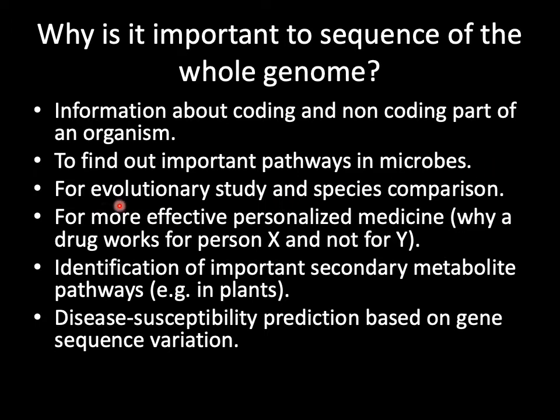It's also useful for evolutionary study and for comparing species. It allows for more effective personalized medicine, so we can understand why a drug works in person X but not in person Y, and design our treatments accordingly. It helps with the identification of important secondary metabolite pathways, for example in plants, for the production of potential drug or drug-like compounds.